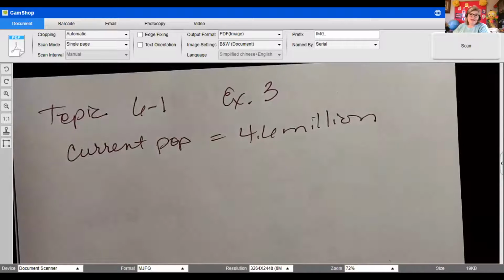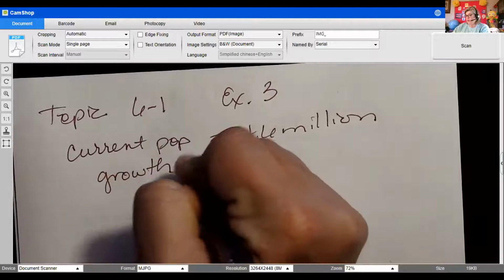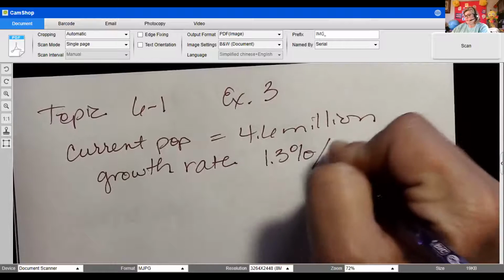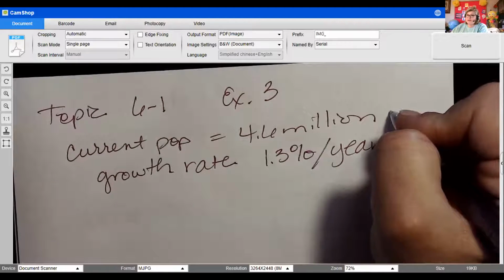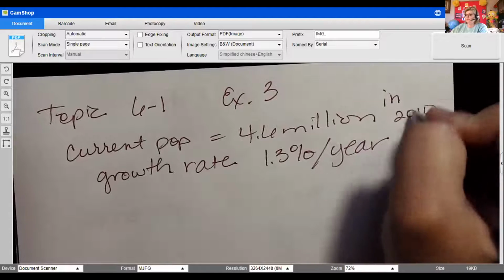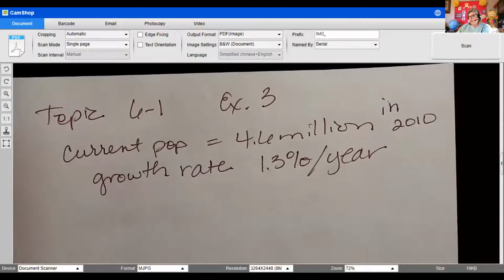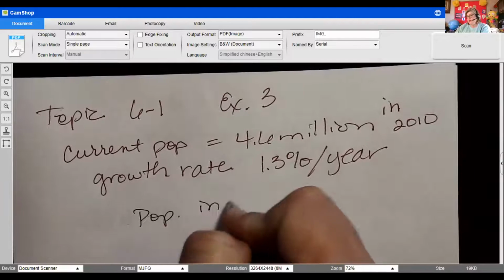And you anticipate the population to grow at 1.3% per year. And this is the population in 2010. And so we are asked to find what the population would be in 2014.